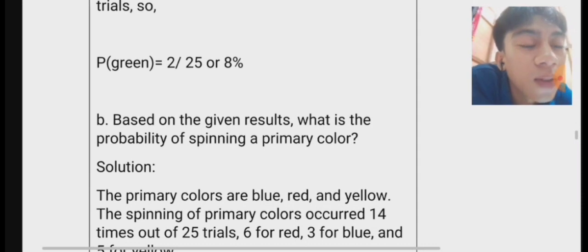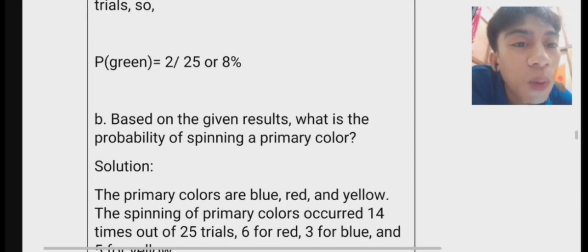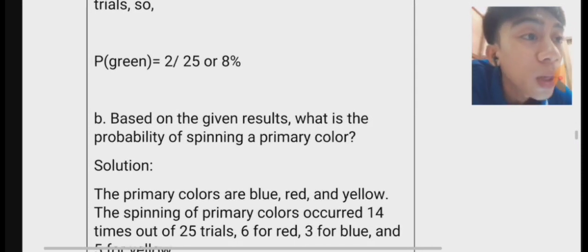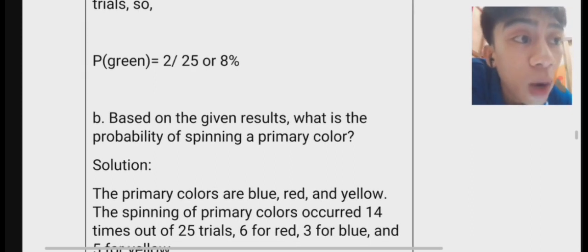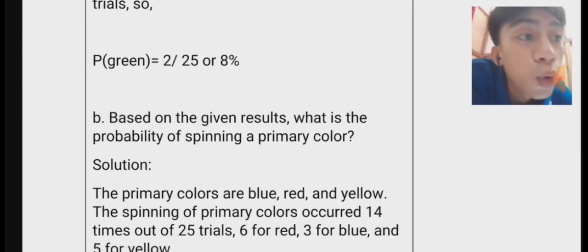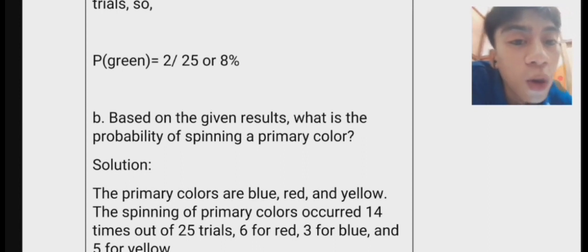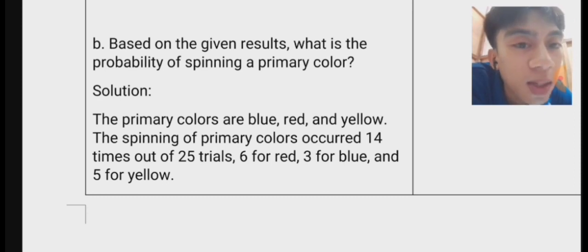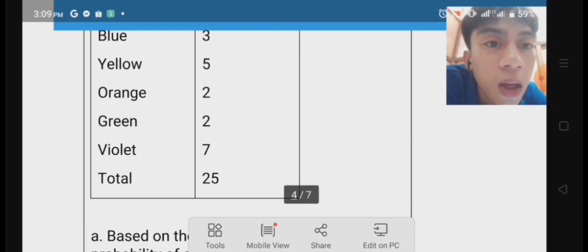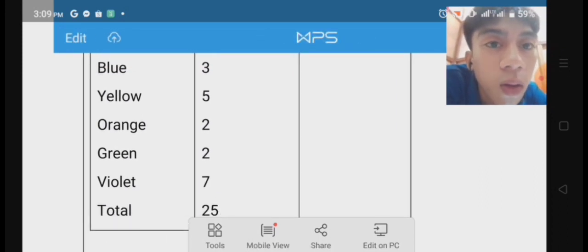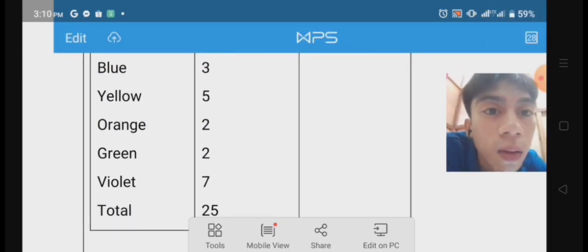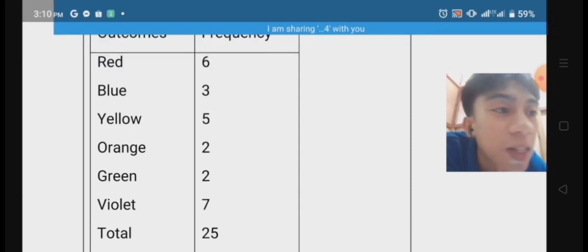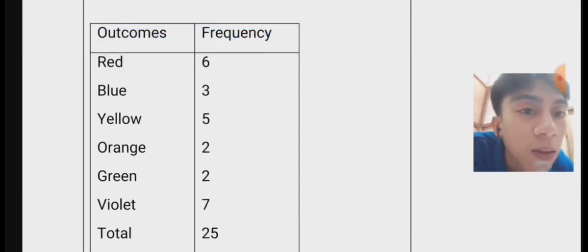Based on the given results, what is the probability of spinning a primary color? We know that the primary colors are blue, red, and yellow. The spinning of primary colors occurred 14 times out of 25, because if we go back here, for red we have 6, blue we have 3, and for yellow we have 5.